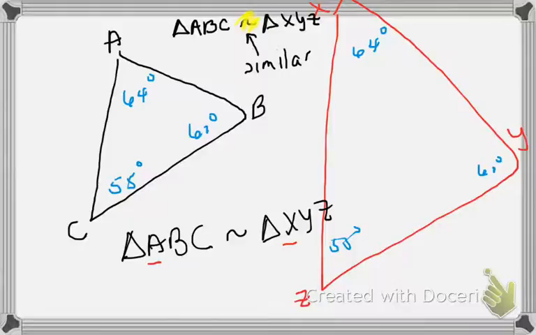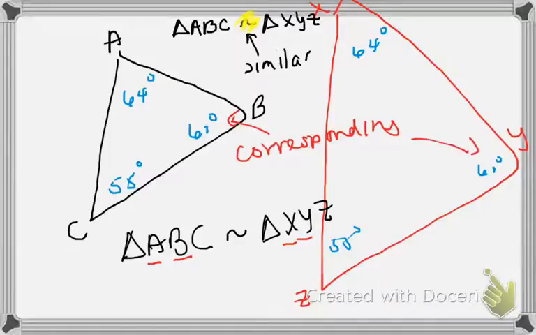When you have similar shapes, their corresponding angles are equal. It's only the corresponding angles. So like B and Y: here's B, it's 61, and there's Y, it's 61.